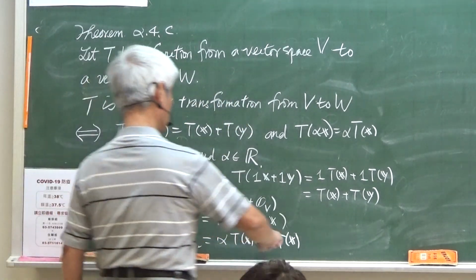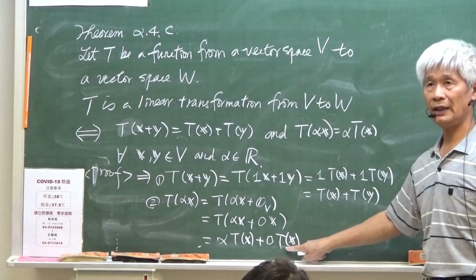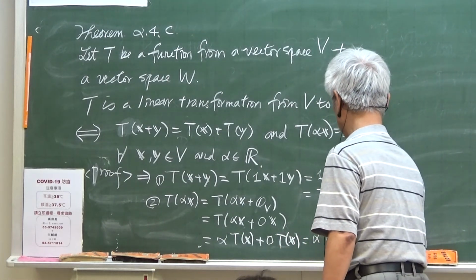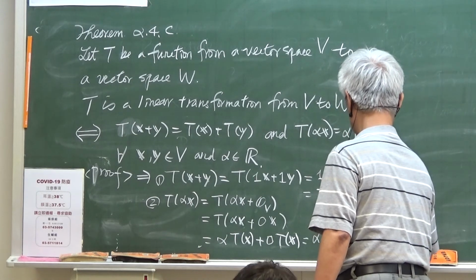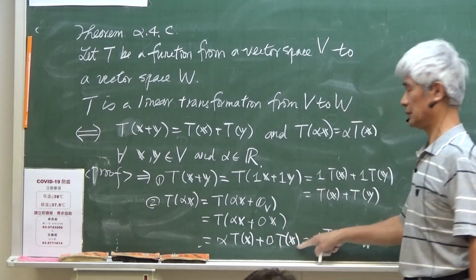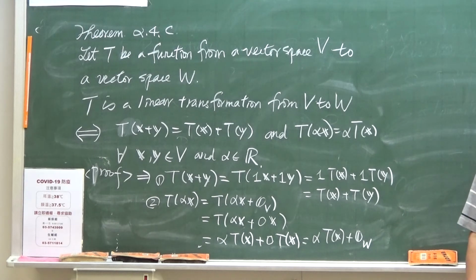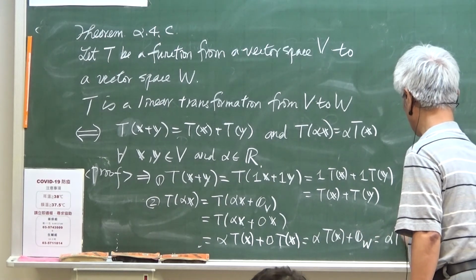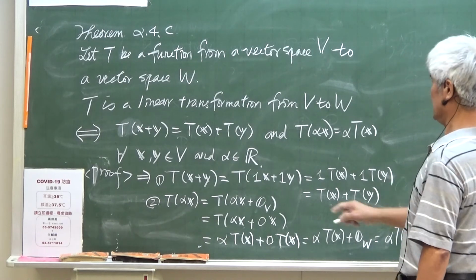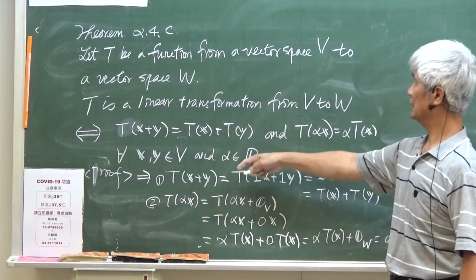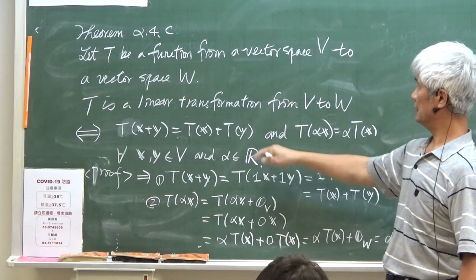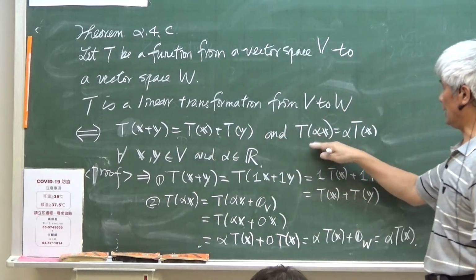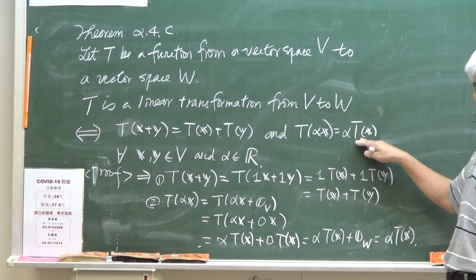Once again, apply the theorem, 0 times an arbitrary vector; here, this 0 is the zero in W. And because this is 0 in W, we have alpha T(x). Okay, so we finish, right? We checked that if T is linear, then T(x plus y) is T(x) plus T(y), and T(alpha x) becomes alpha times T(x).